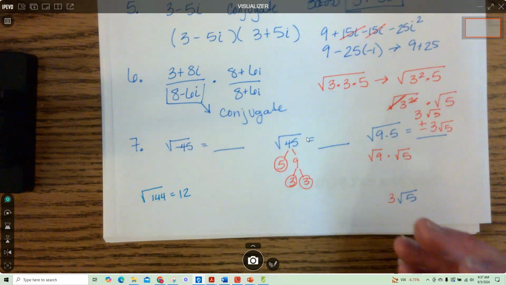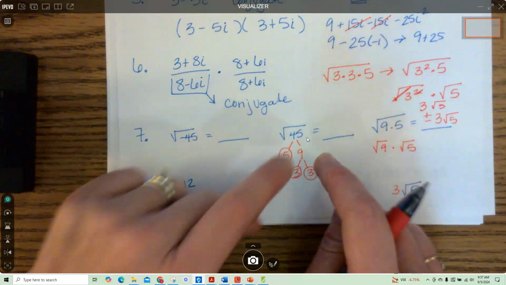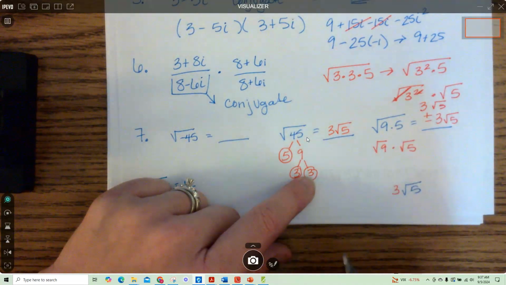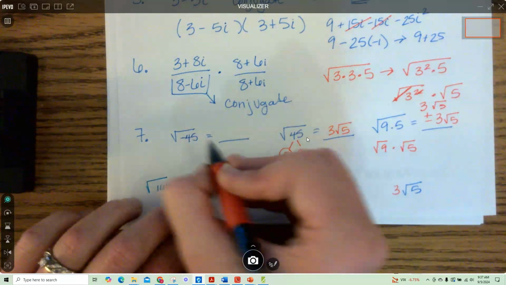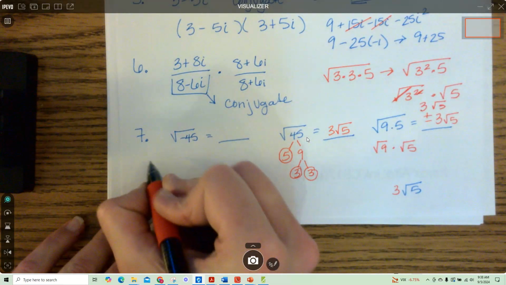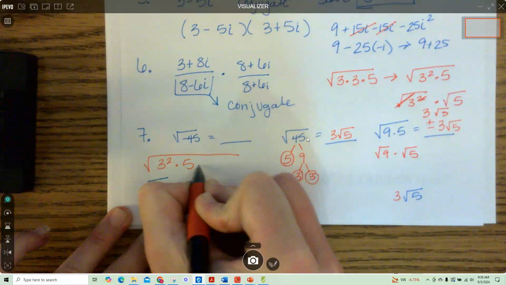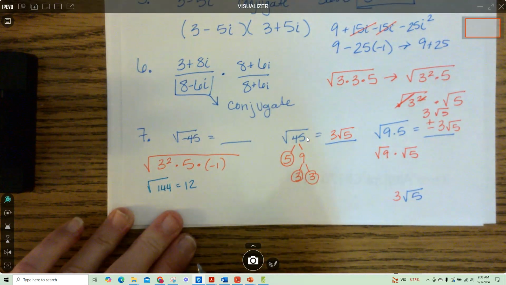Okay, I'll work another one. Give me just a second. I'll pull another example. Okay. So if we know that the square root of 45 is 3 times the square root of 5, then for this one, back up here, we would write it as 3 squared times 5 times a negative 1.